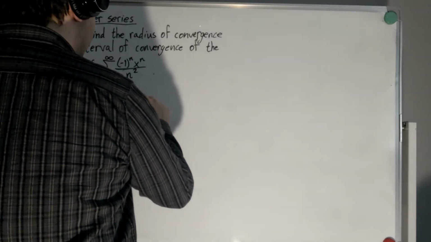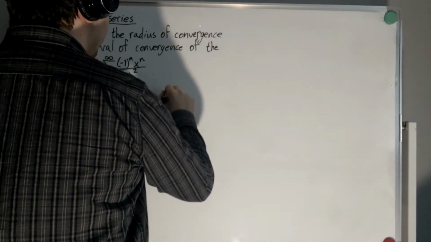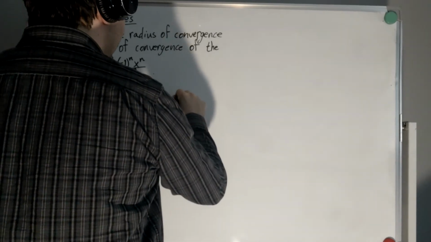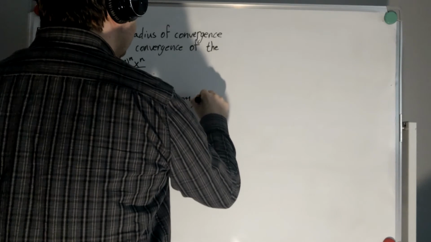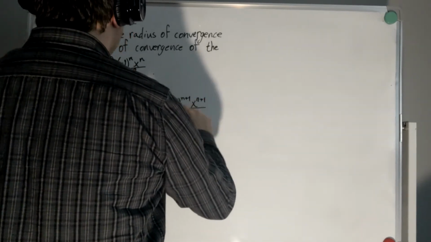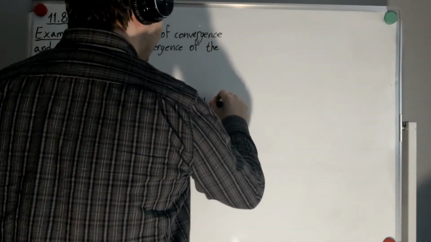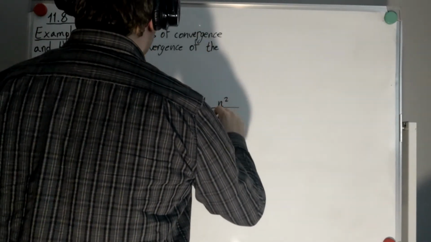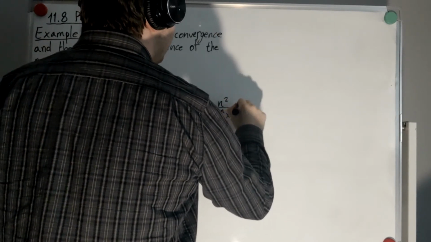And so this is just the limit as n approaches infinity of the absolute value of (-1)^(n+1) x^(n+1) divided by (n+1)^2, multiplied by n^2 divided by (-1)^n x^n.